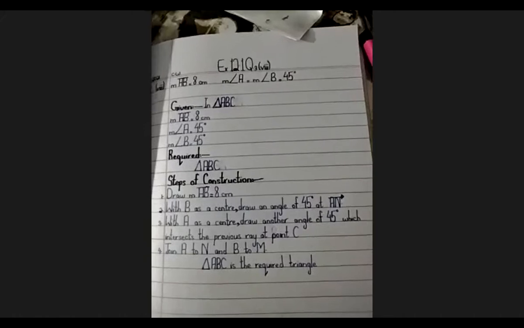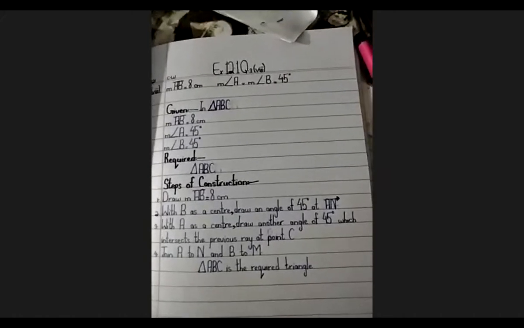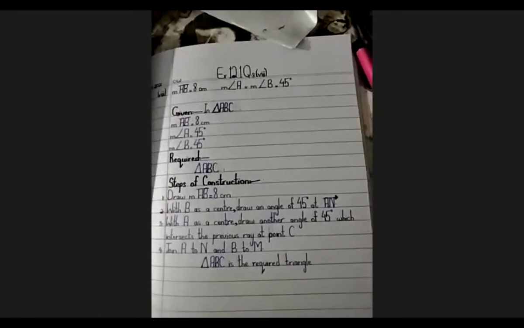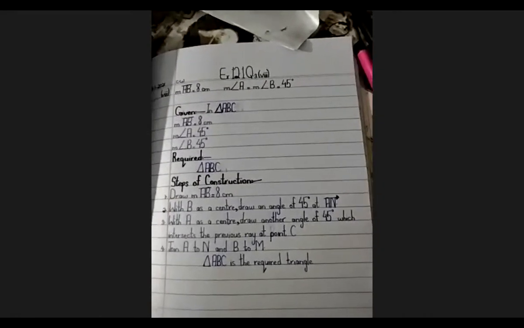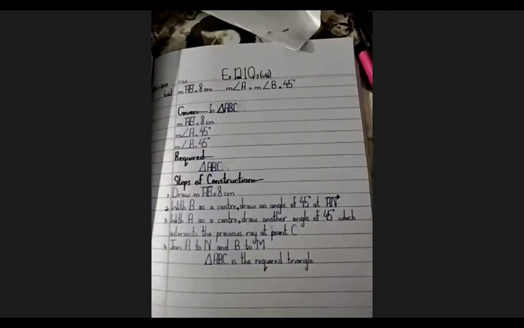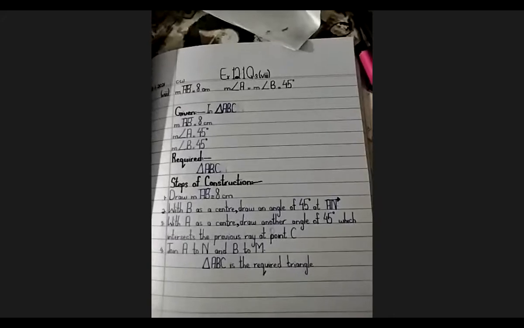Okay, these two steps are not written properly, Ali, the fourth step is also wrong. What I told you, you did not attend the class properly, Ali. In the end, there's no need to write that join A to N or B to N. Completely wrong. Completely wrong, Ali.